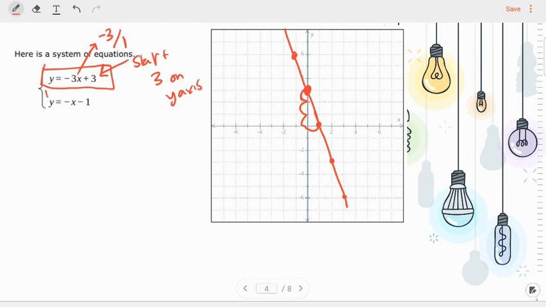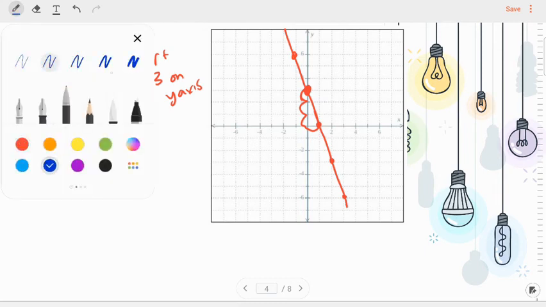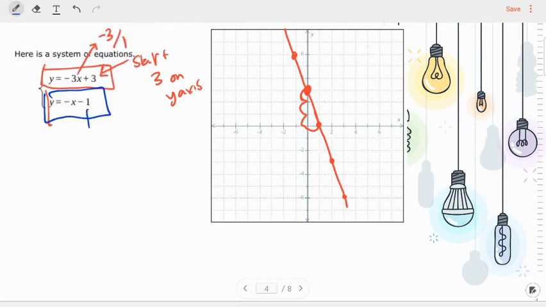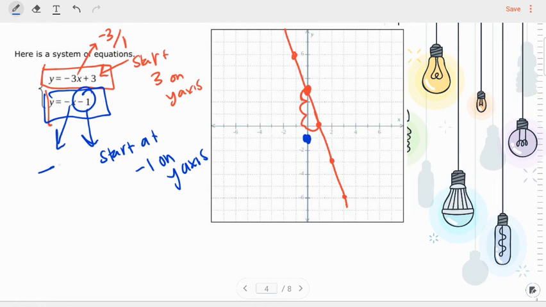For my second graph, let's choose a different color. My second graph has a starting point of -1, so start at -1 on the y-axis. There's my dot. And my slope, well, it's negative. Remember, no number means the slope is 1, so -1.